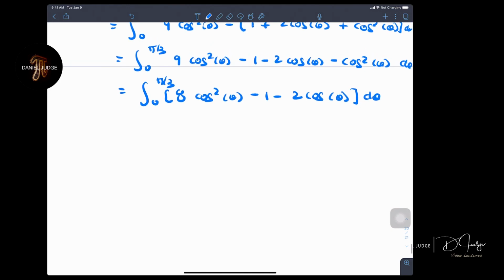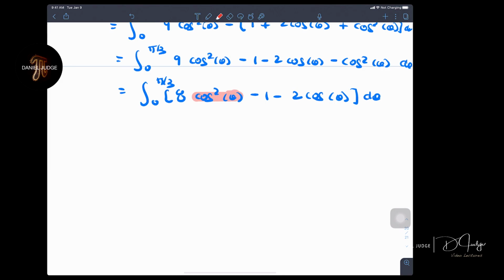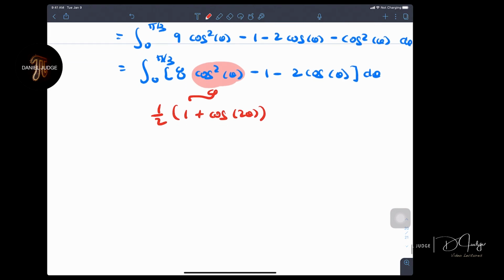All right, let's see what we can do. Power reducing cosine squared theta: one half, 1 plus cosine 2 theta. Okay.